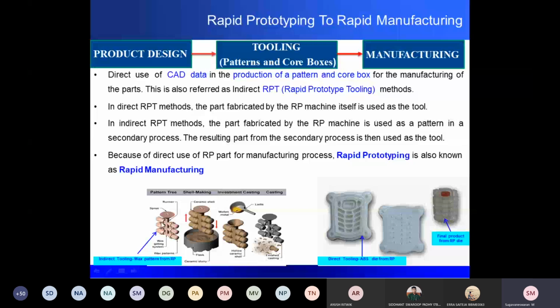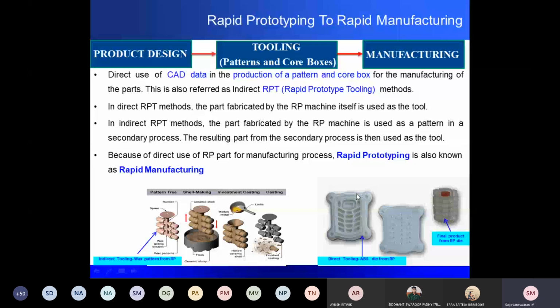In this case, the cavity itself is getting prototyped, and from the cavity I am directly getting a product. So this is a one-stage process. That one is a two-stage process: pattern, that is prototype pattern, to a mold. From the mold, you get a final component. Here, you are going to make a mold, that is a rapid prototype mold, and from the mold you get a final product.